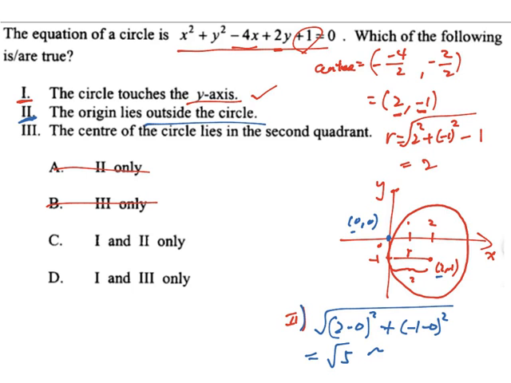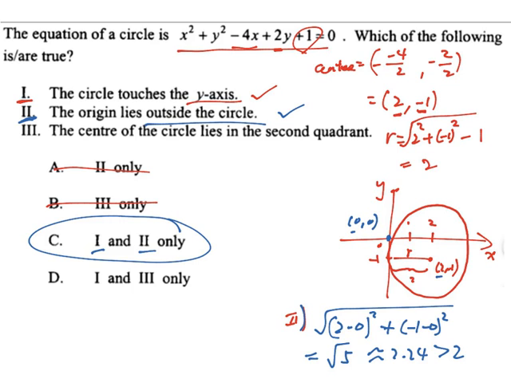Root 5 is around 2.24. You see it is greater than 2, so that means outside. So 2 is correct. Since 1 is correct and 2 is correct, the answer is C. We can check 3, but in the exam, if you know 1 and 2 are correct, then you get C.